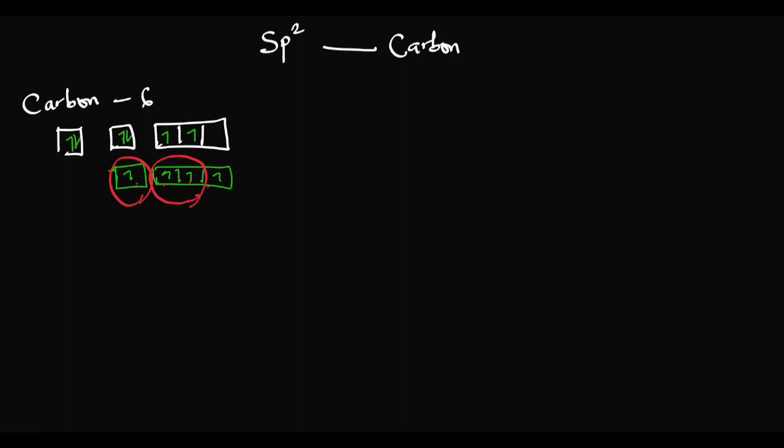So when it's mixed together, it forms 3 sp2 and an unhybridized p orbital. Please take note that all sp2 hybrid orbitals lie on the same plane.